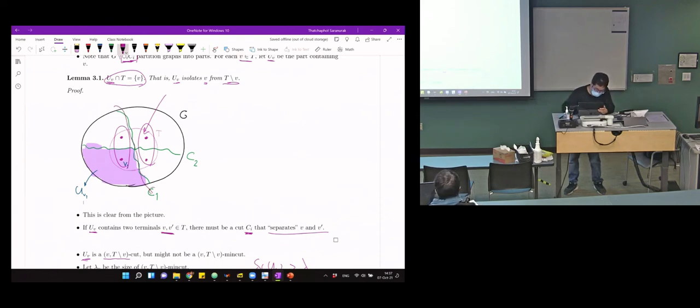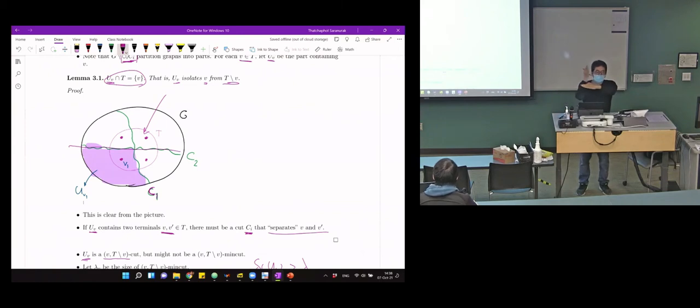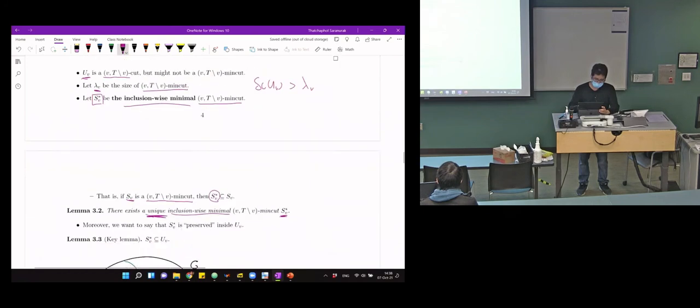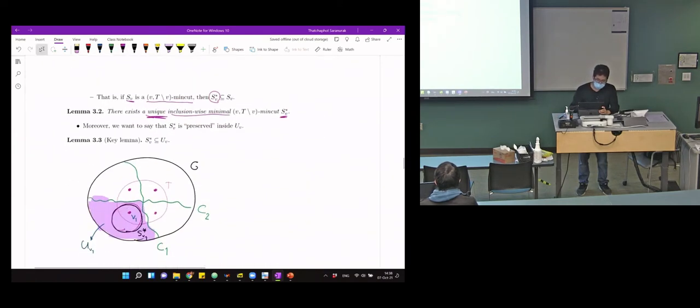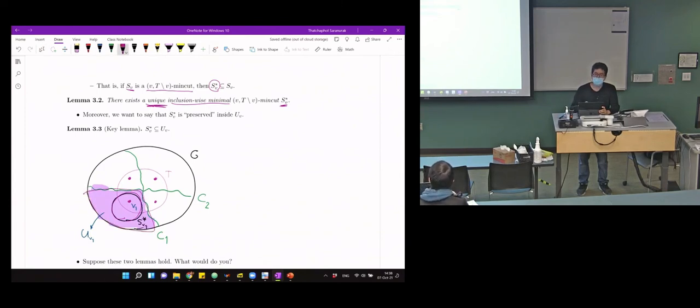So I define Ci here to be the edges crossing the min cut. This green thing is the edges crossing the min cut. Once you have computed Ci for every i, you delete all these edges from Ci. You would partition the graph into parts, basically. And UV is just the part that contains V.